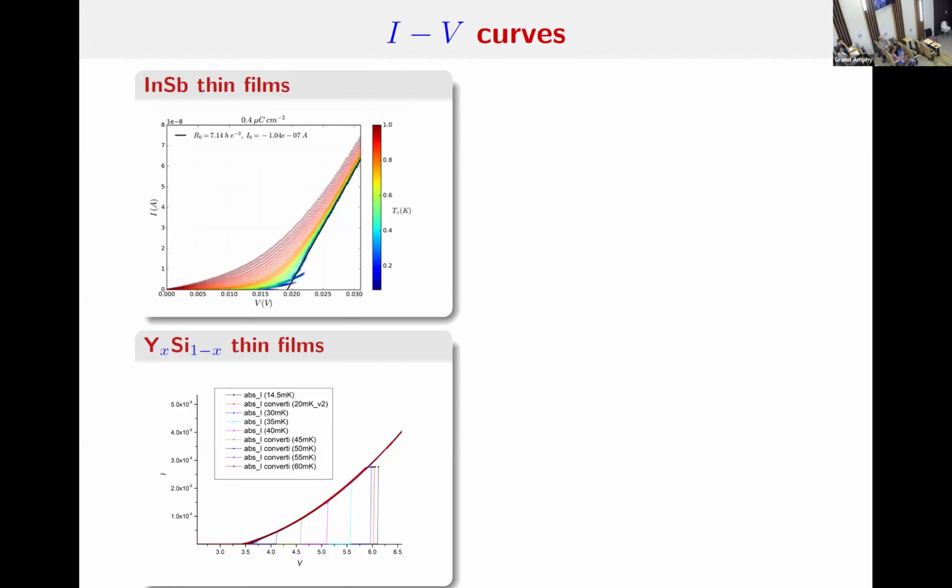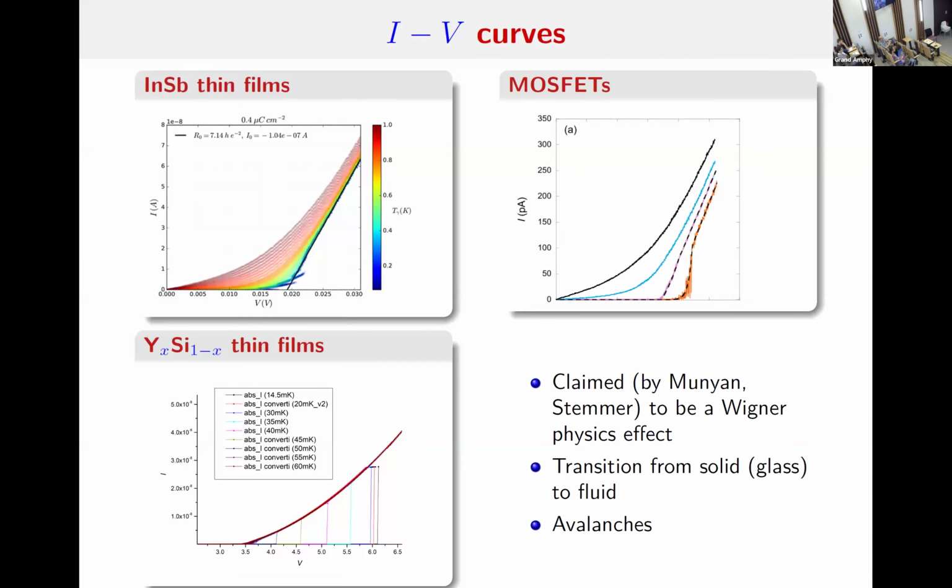So these two features are telling us that really the hot electron model is not the reason. Then these are previous work by William and Stemmer, and here you see the different temperatures, so that at very low temperature you have things similar to here, and you have here a straight line.